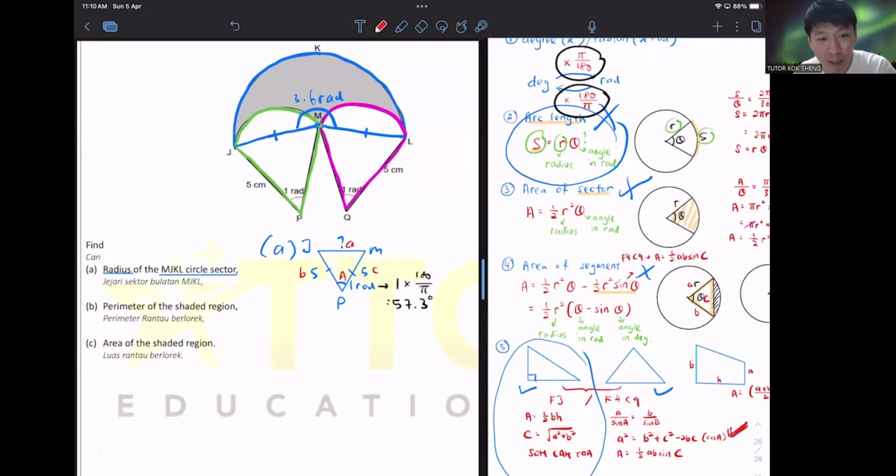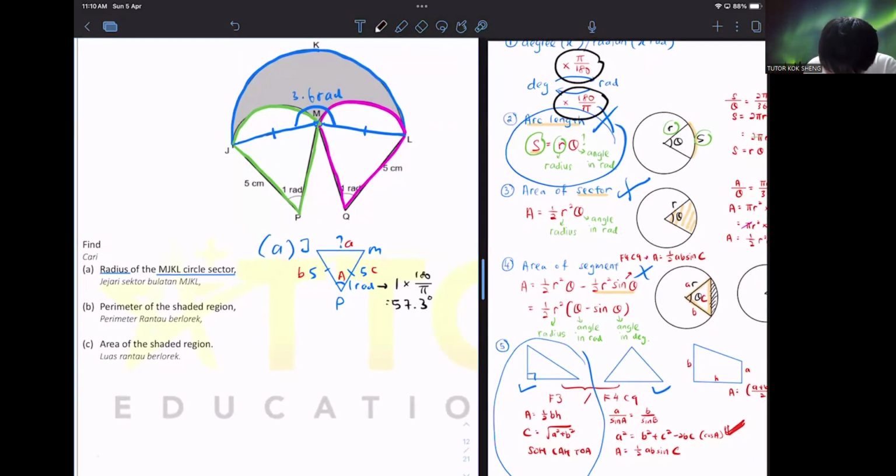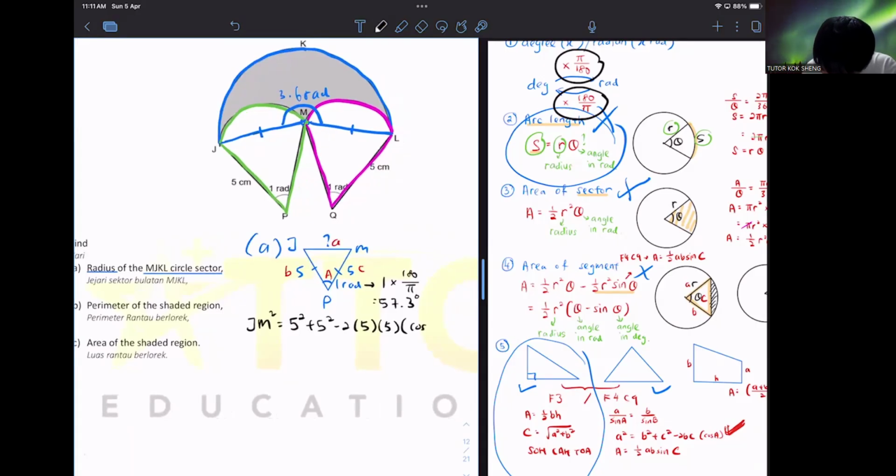Small a squared equals small b squared plus small c squared minus 2bc cos big A, where A is 57.3. Press the whole thing, and later take the square root. You should get the radius of the circle.